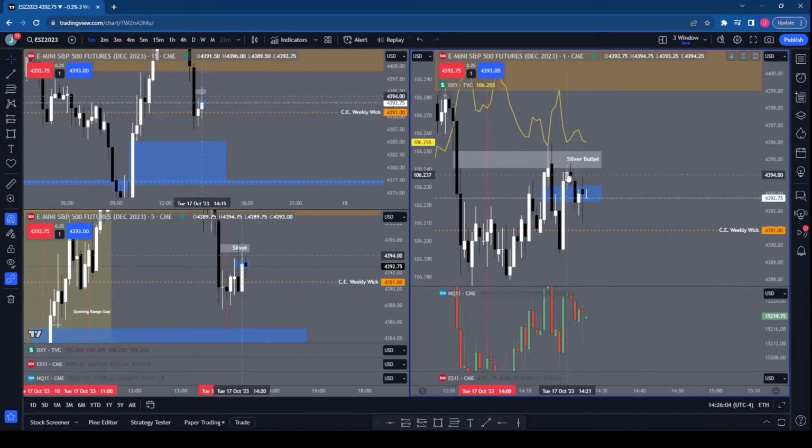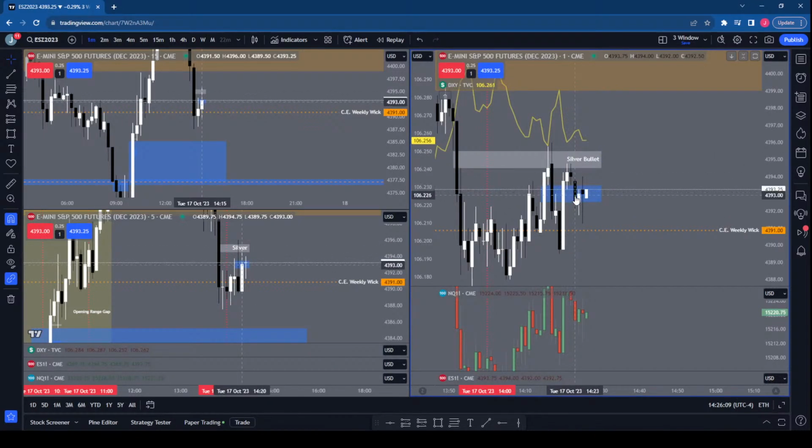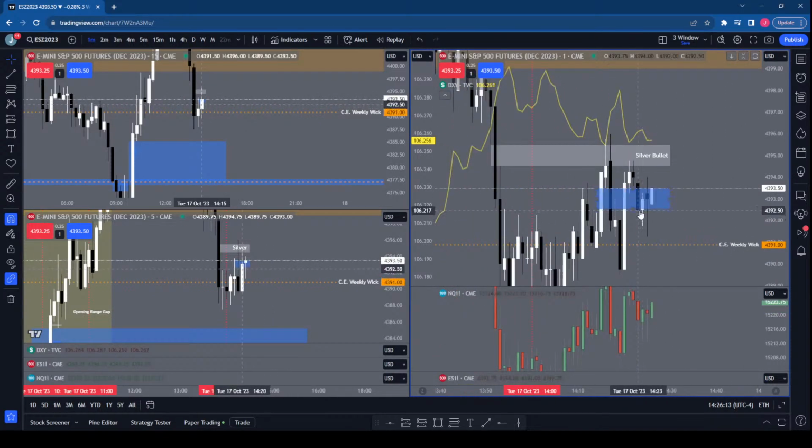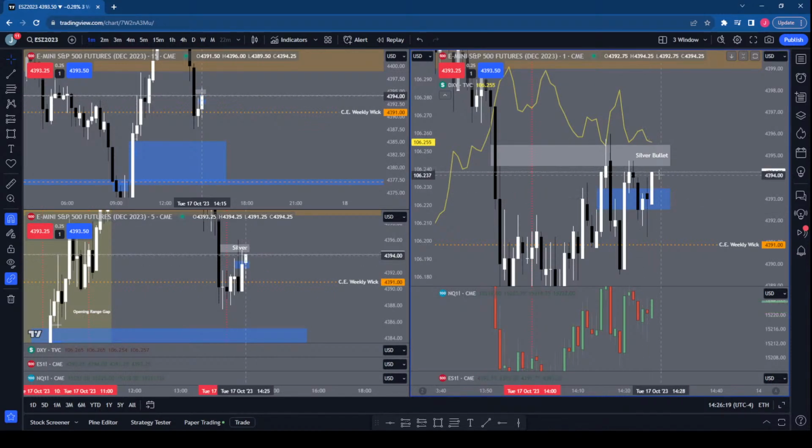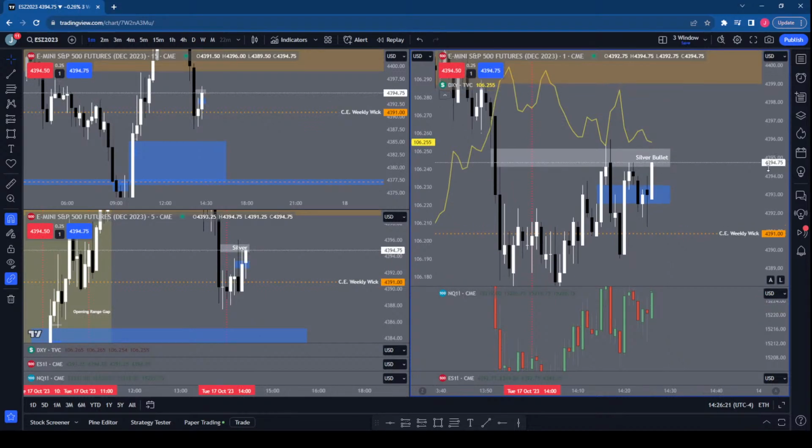This fair value gap, I didn't like that. And now look, we came up, closed above it, and when we came back down, these candle bodies are respecting it. So I'm not going to enter short right now. Let's just watch.